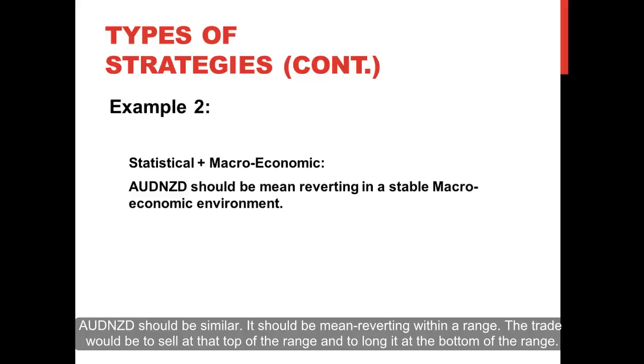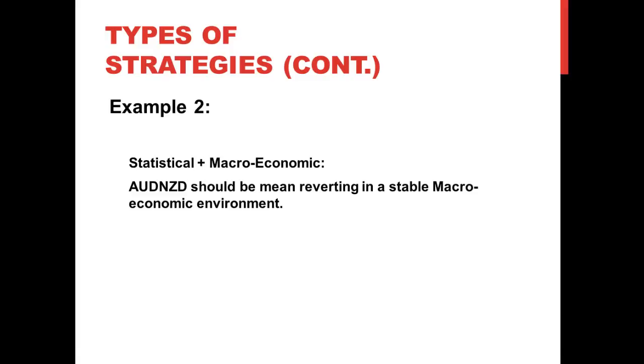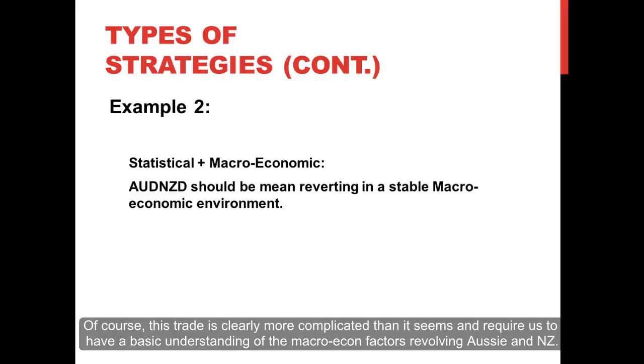So they should be mean reverting within a range, and the trade will be to sell AUD NZD at the top of the range and to long AUD NZD at the bottom of the range. Of course, this trade is clearly more complicated than it seems, and will require us to have at least a basic understanding of the macroeconomic factors revolving around the currencies of these two countries.